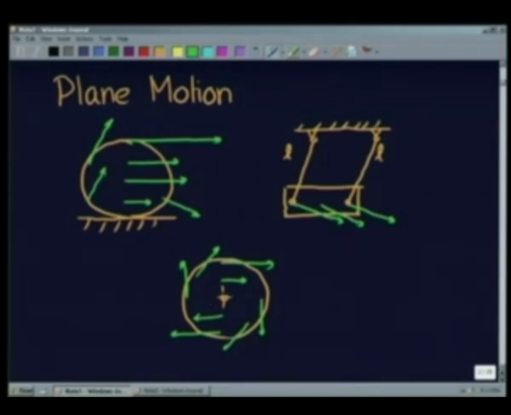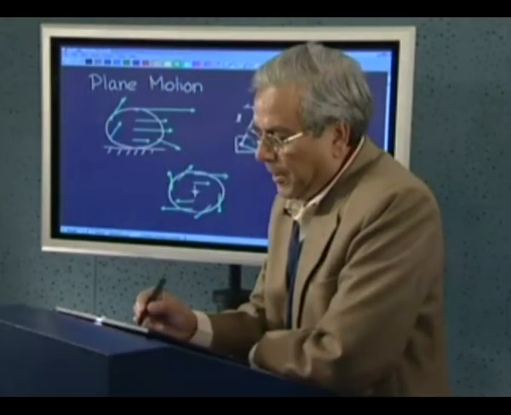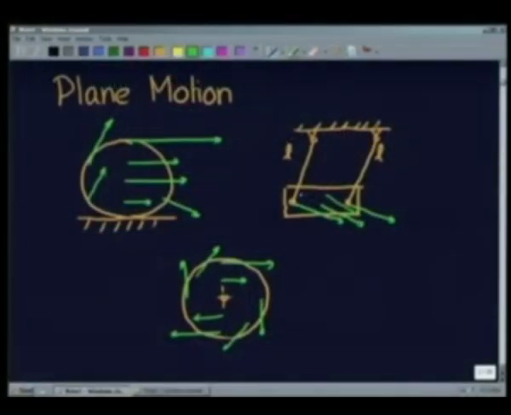One is where all the particles on the rigid body have exactly the same velocity, same motion, identical situation. In another case, it is a more general situation. It is neither a pure rotation like this nor a pure translation like this, but a general motion.